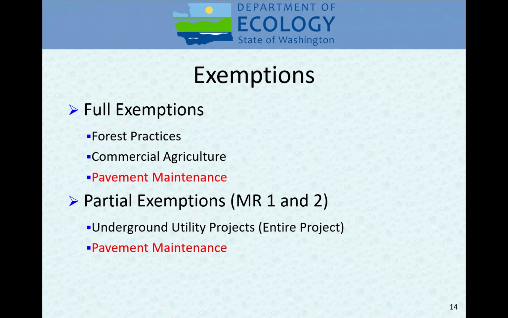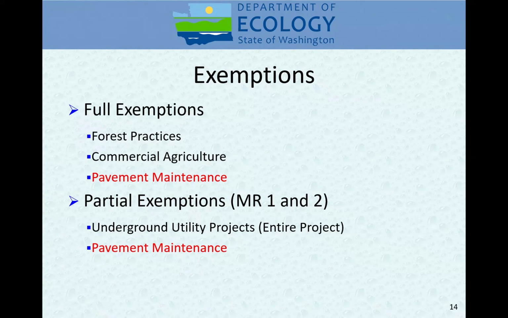That project, if that's all they're doing, is that trench, that project is partially exempt. You need to apply minimum requirement number 2. You need to have stormwater services during construction on that project, but that project is exempt, except for the construction stormwater controls. Keeping the stockpiled dirt from running away when it rains, that kind of stuff.